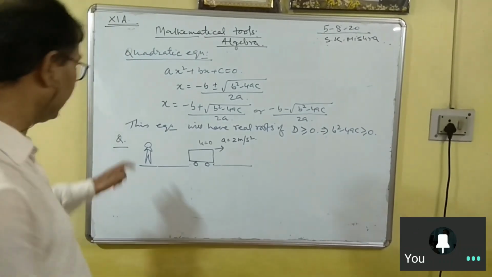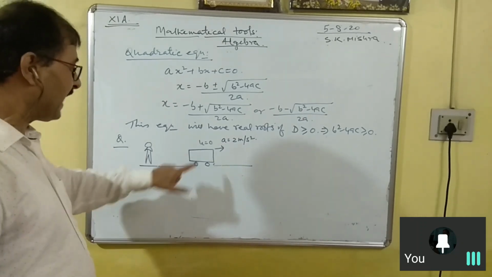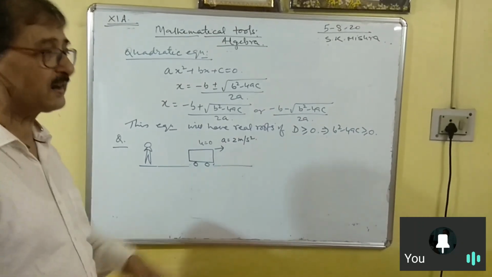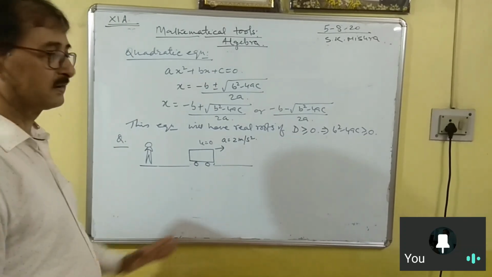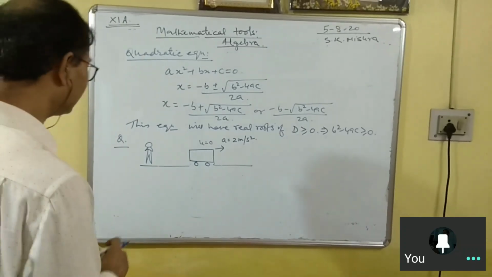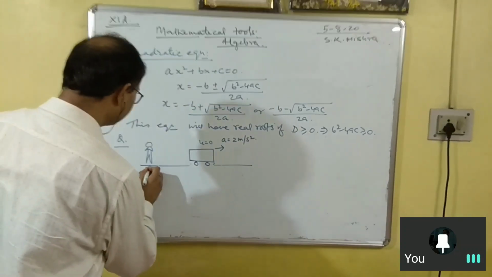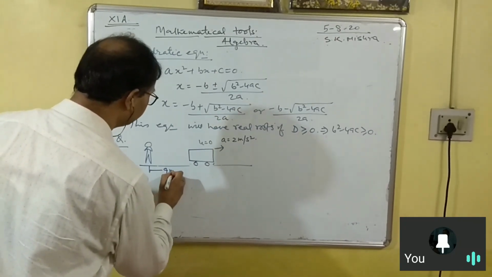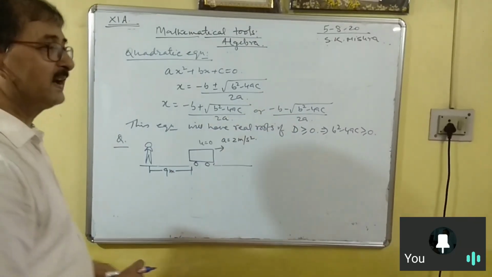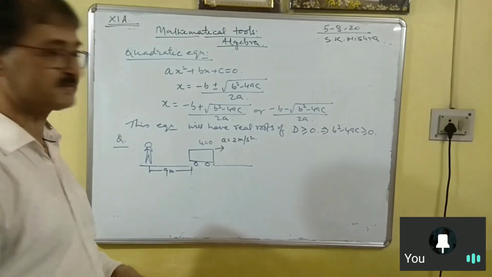The person, observing that the bus has already started, starts running behind the bus. The distance of the bus from the passenger is, suppose, 9 meter. The passenger is at a distance of 9 meter behind the bus.